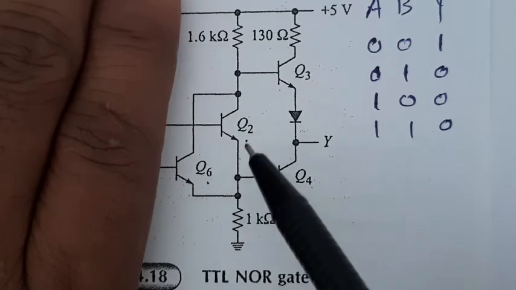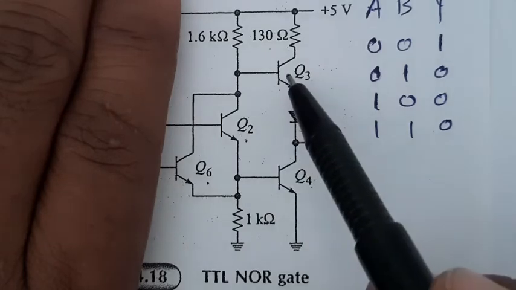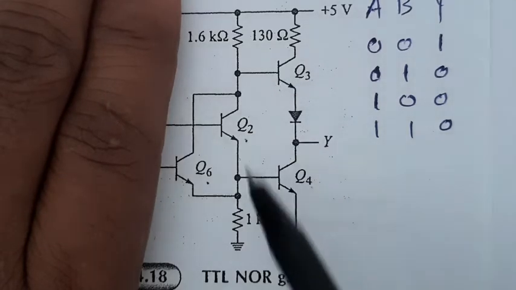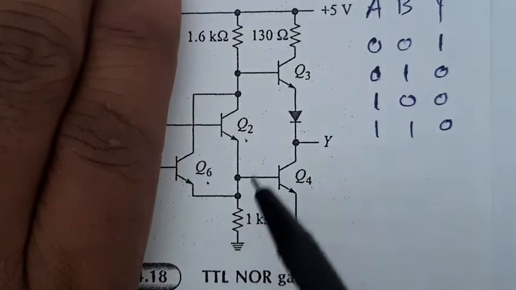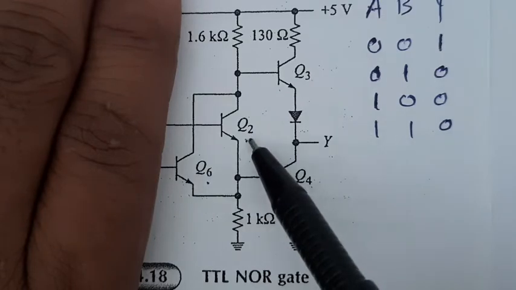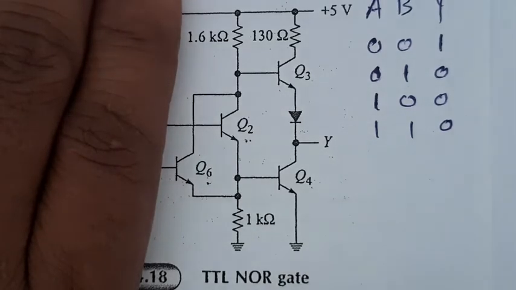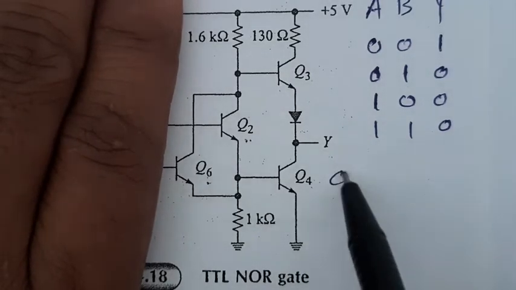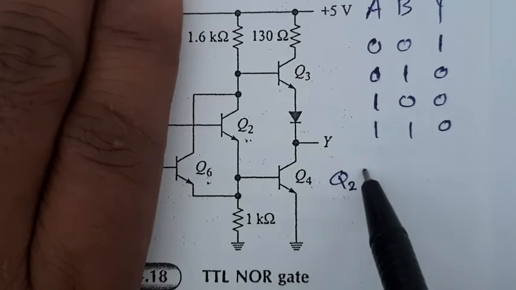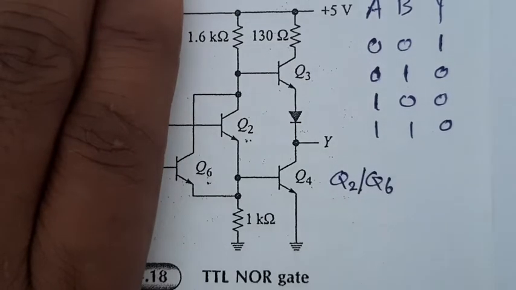At the same time, the role of Q2 previously was to pull the base of transistor Q3 down. The same thing can now be done either by Q2 or by Q6 because they are in parallel to each other. You can check.